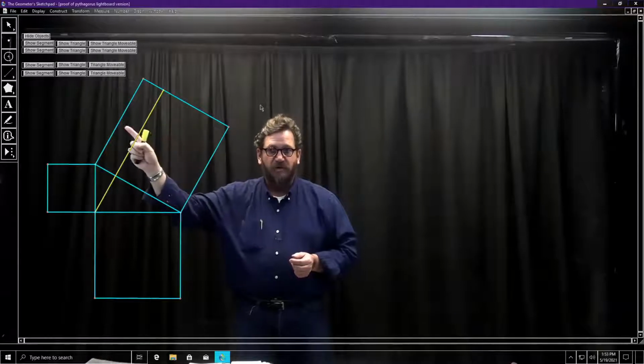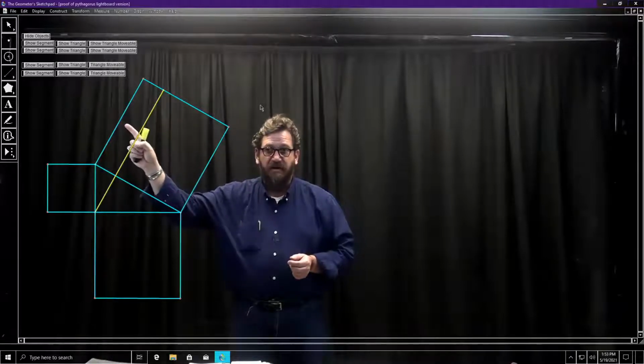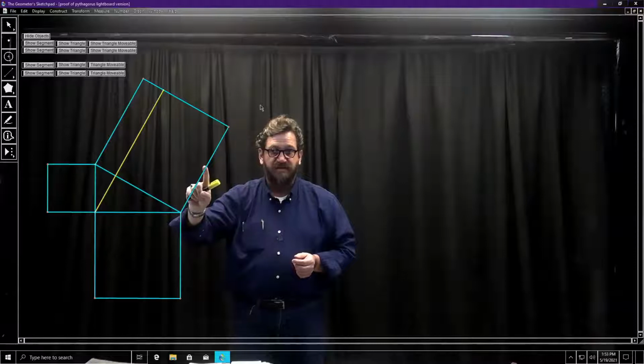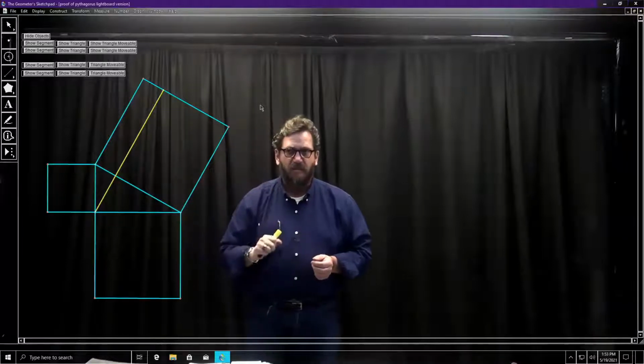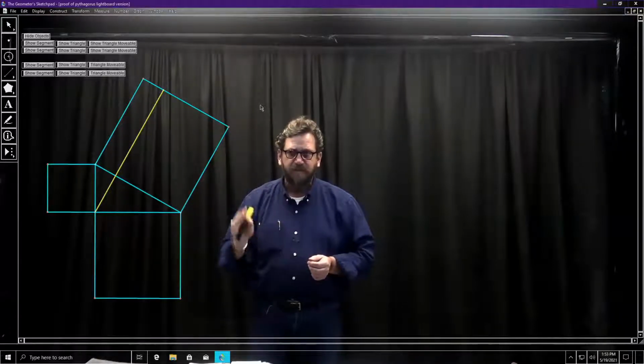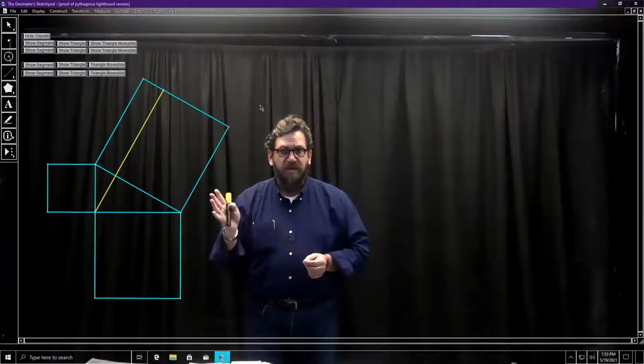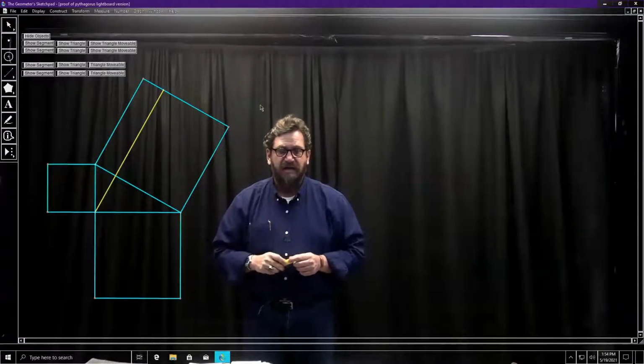It is also, and more importantly, parallel to these two sides of this square. And we're going to talk about why that's important in a moment. So Euclid began with this very idea.